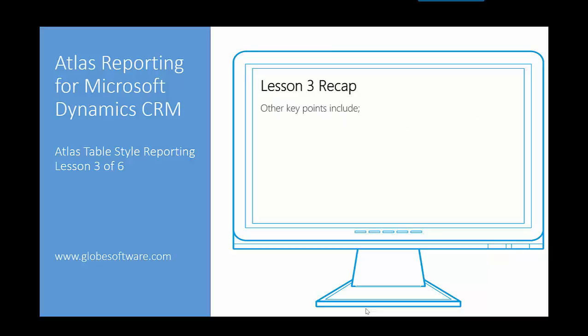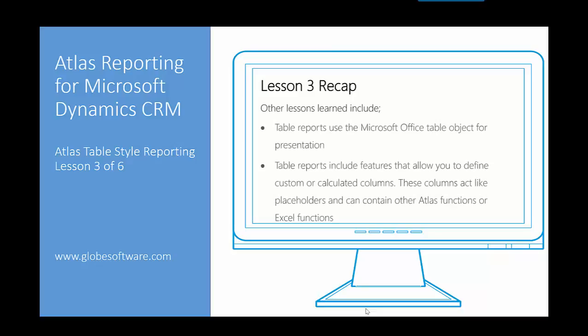Key points. This section introduced 3 main table reporting functions. These were list, summary, and matrix. Other lessons include: Table reports use the Microsoft Office table object for presentation. Table reports include features that allow you to define custom or calculated columns.